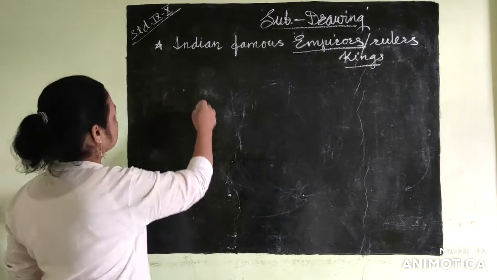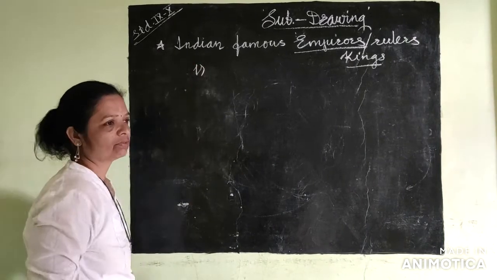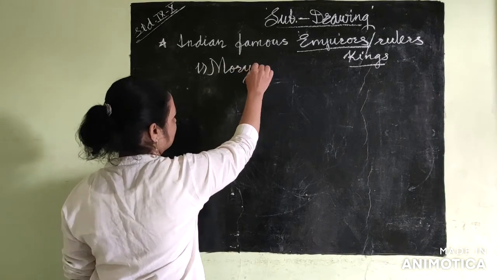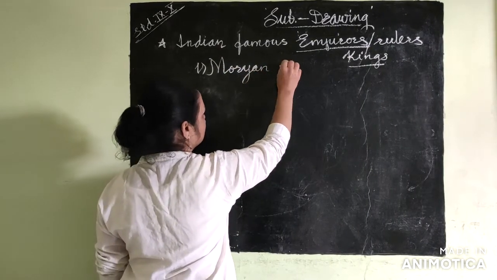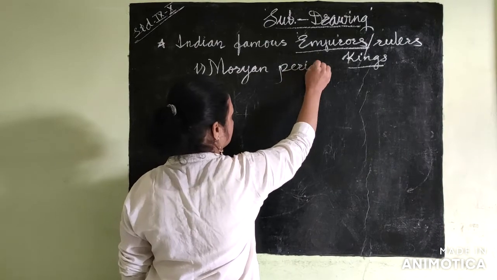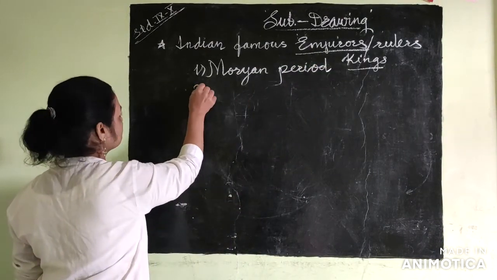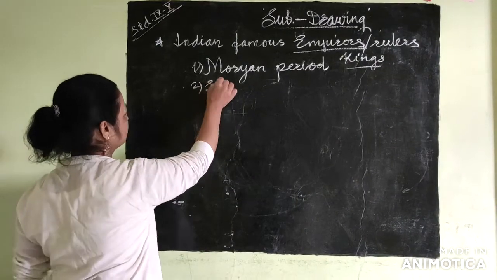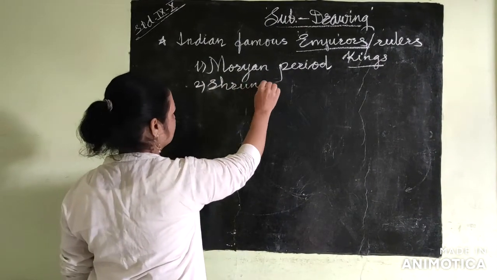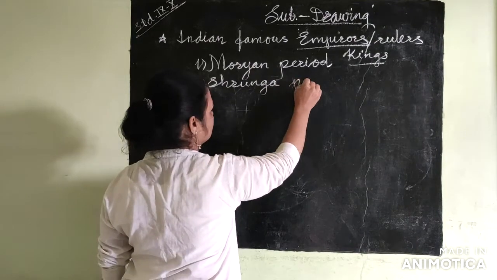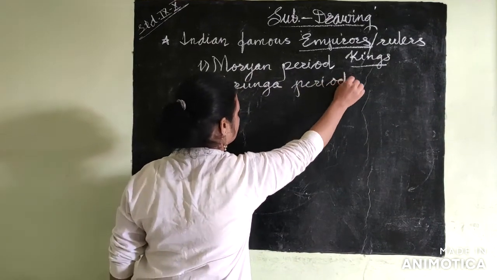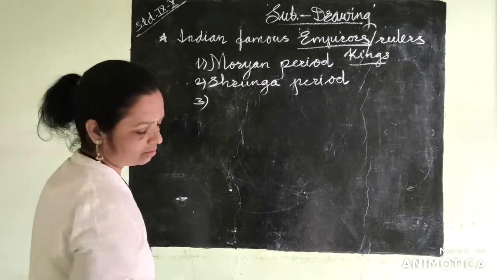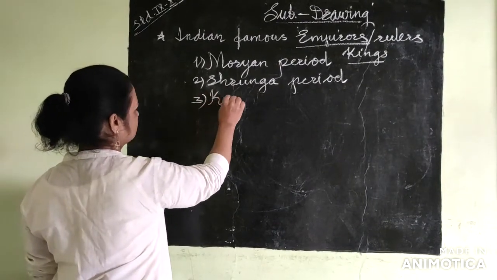For that you have to study some periods like the Mauryan period, then the Shunga period, then the Kushan and Gupta period.